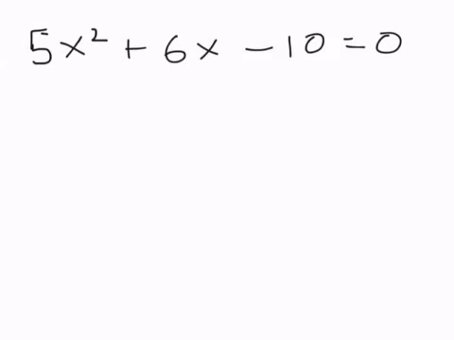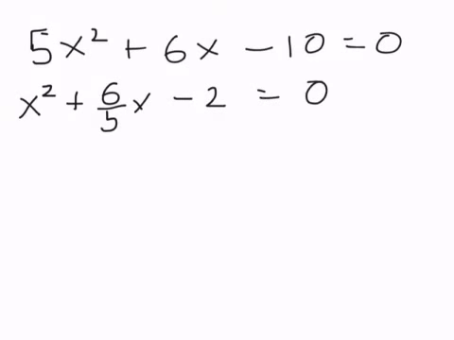I might even divide the 5. This isn't really the part of completing the square that we're interested in. So basically all we care about is getting the x squared by itself. So I'm going to divide everything by 5. x squared plus 6 over 5x minus 10 over 5 is 2 equals 0 divided by 5 is 0. So the two equations are equivalent.